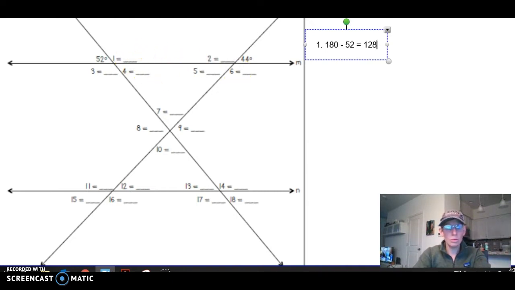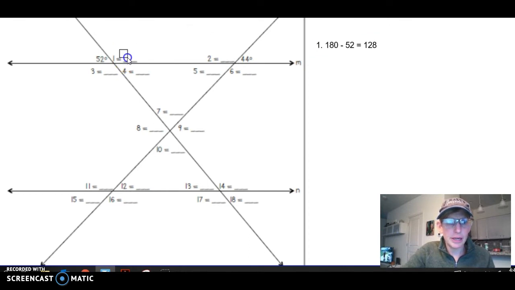So angle 1 is going to equal 128 degrees. Let's put that in that space there. Perfect. Now I know angle 1 because I used the idea of supplementary angles.